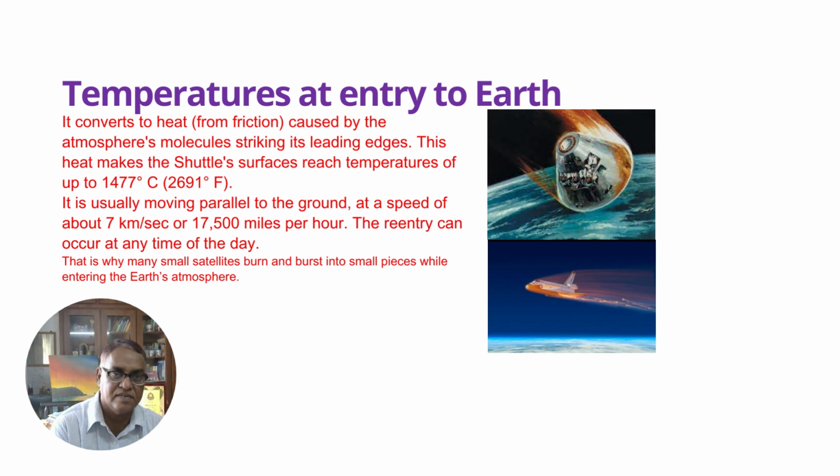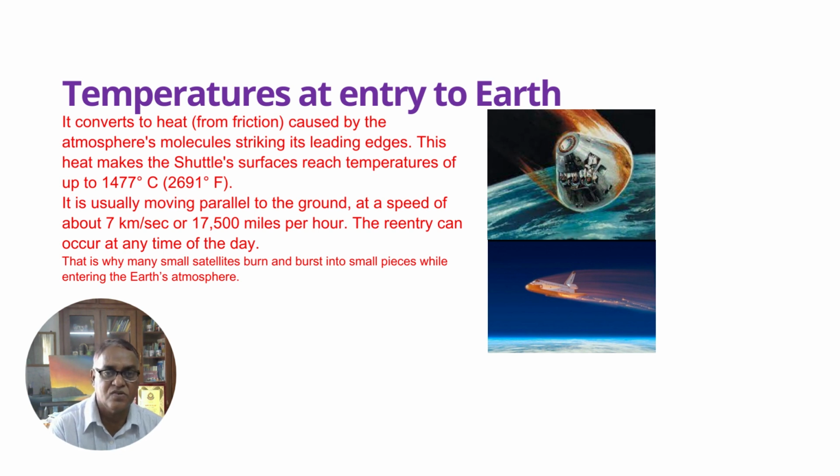As we discussed earlier, many of the satellites which completed their lifespan are usually designed to return to the Earth's atmosphere, where they get burnt due to very high temperatures, nearly 1477 degrees Celsius or 2691 Fahrenheit.